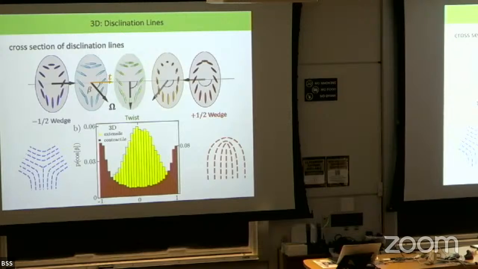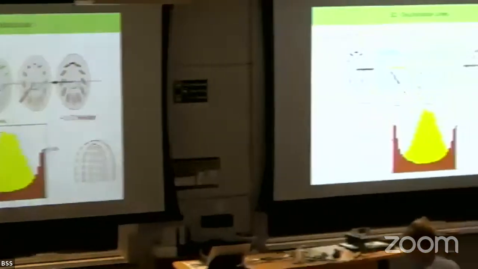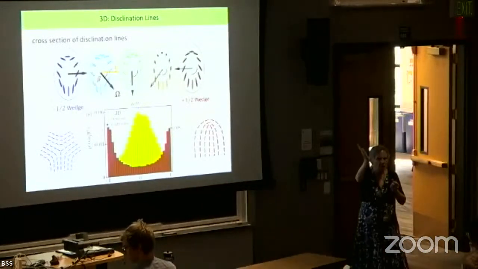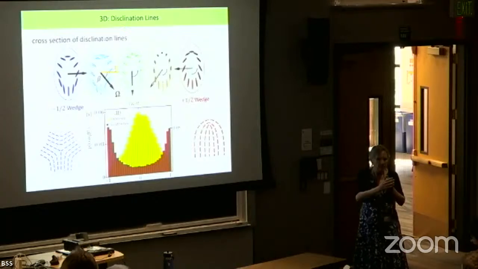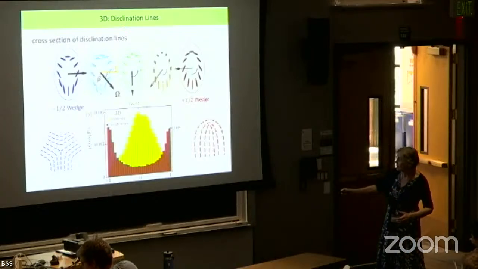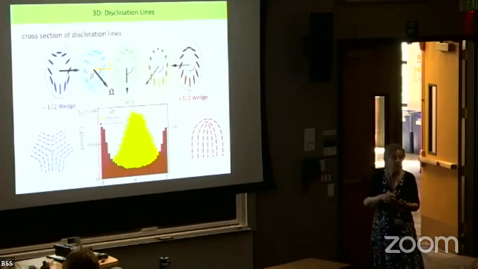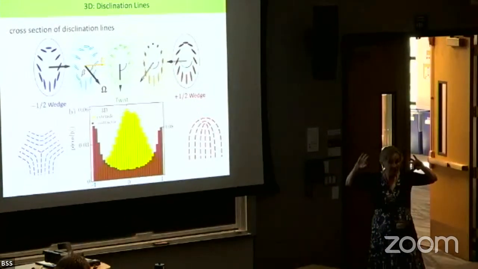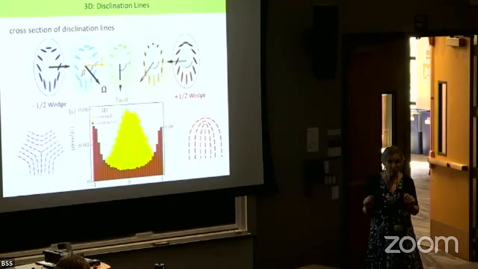The ones at the edge are ordinary ±1/2 defects on the cross section. What this is saying is that in an extensile system, you really tend to get these twist defects with the nematogens pointing out of the cross-sectional plane, whereas in a contractile system, you don't. You tend to get them being ±1/2.